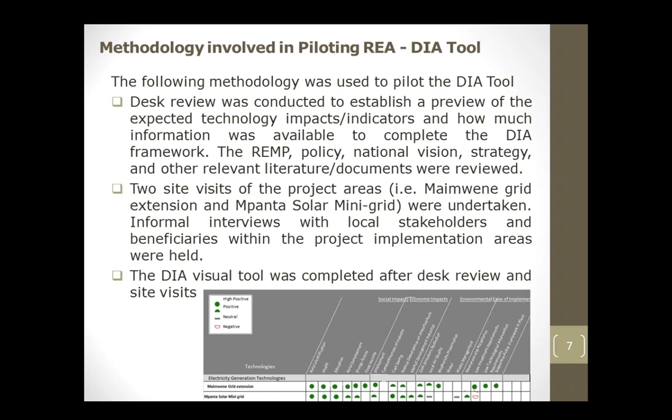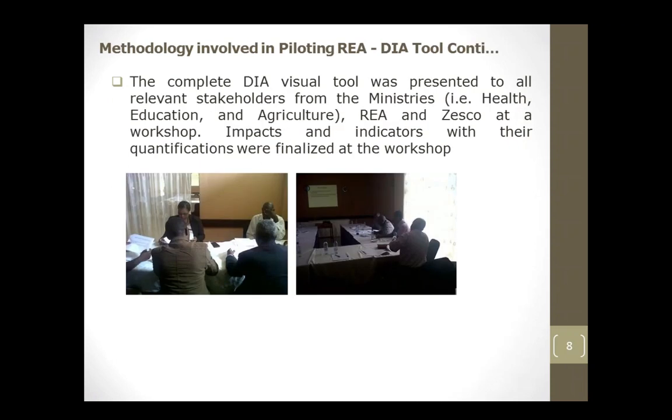The DIA Visual 2 was completed after desk review and site visits. So it shows the kind of impact which were collected using the DIA 2. That's the diagrammatic presentation on the impact on the DIA Visual 2. The methodology also involved conducting another interview with the line ministries.